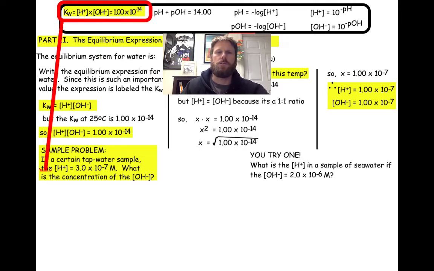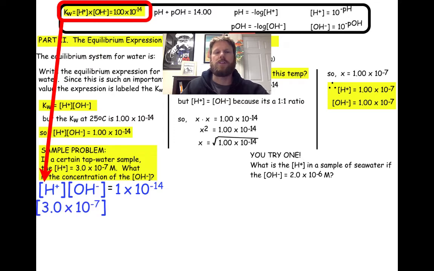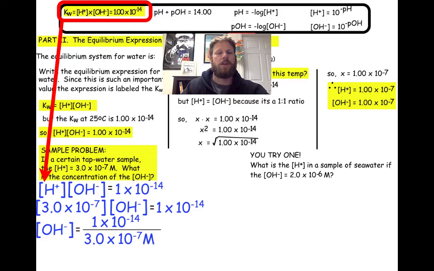We can use our equilibrium expression to determine this, since we know H plus times OH minus is 1 times 10 to the negative 14th. All we got to do is plug in our H plus concentration and solve for the OH minus concentration. When we do that, we get 3.3 times 10 to the negative 8th molar for our OH minus concentration.